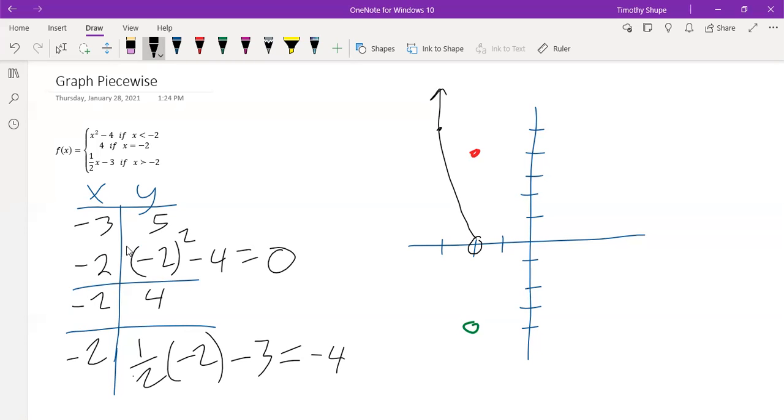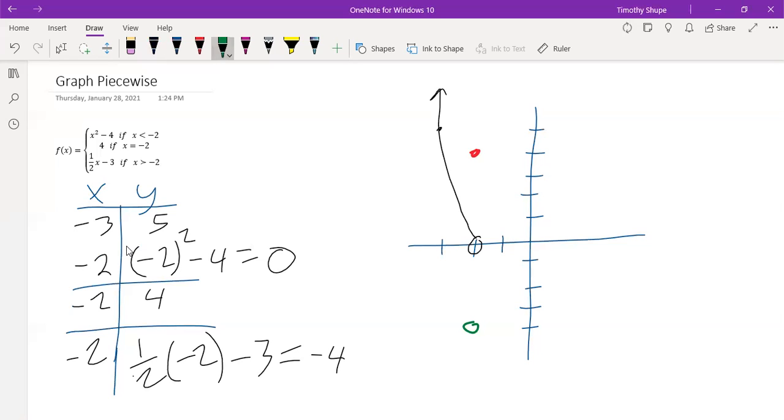And then the third piece appears to be a linear function, 1/2 x minus 3. I could either use the slope to find another point, going up 1 and to the right 2, or I could choose another value of x to plug in.